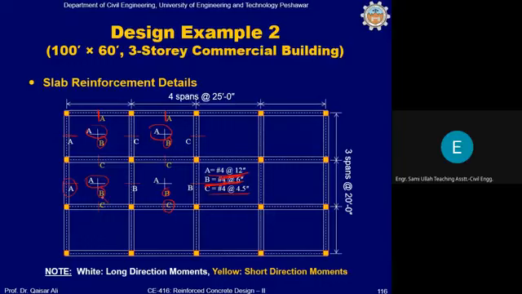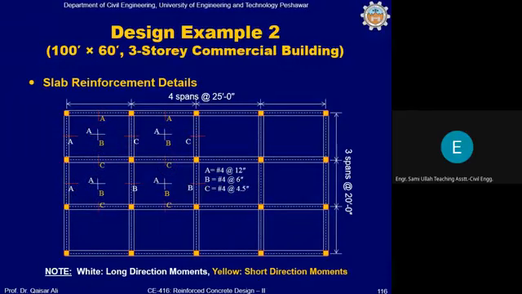Top reinforcement at interior support along the shorter direction is C, which is number 4 at 4.5. Top reinforcement along the longer direction at interior support is B, which is number 4 at 6 inch. And top reinforcement along the longer direction at exterior span is C, which is again 4.5 inch center to center. Okay.